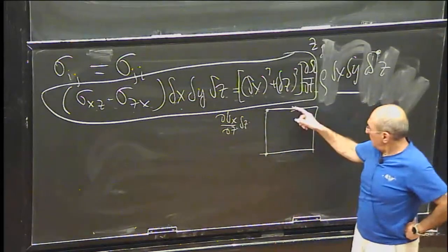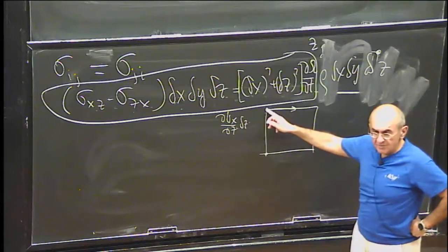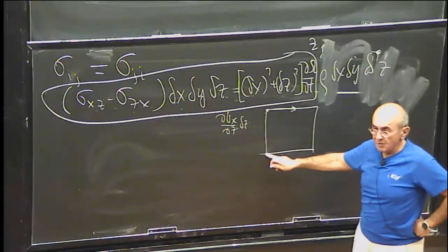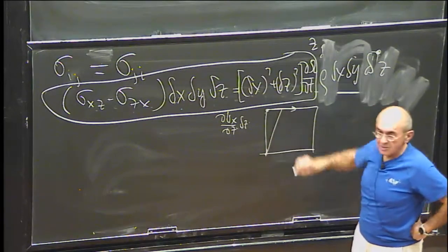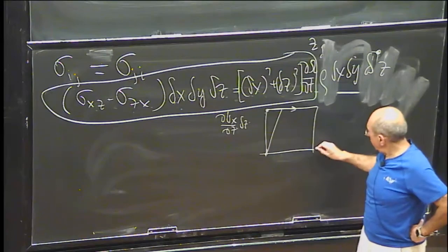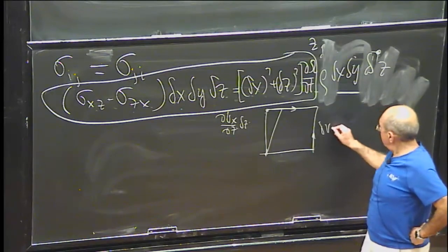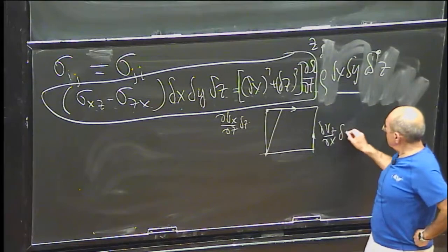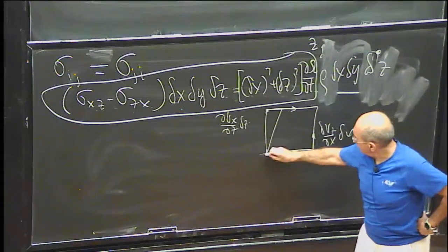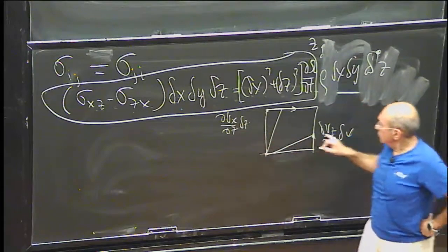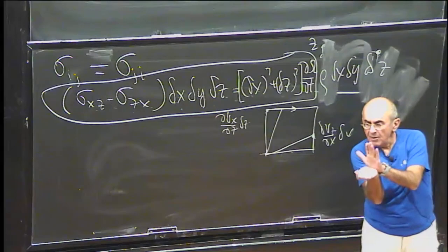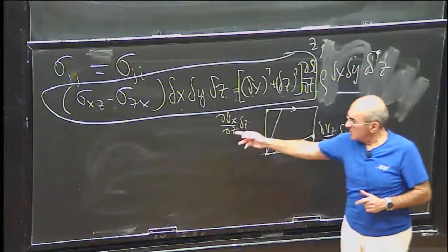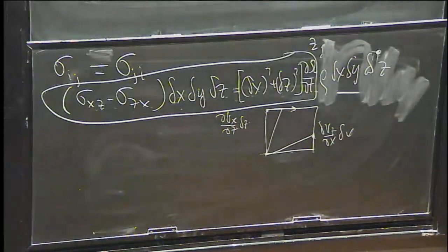And it would be a relative motion of this point to that point, which means that with time it will be turning this straight line into that straight line. The same here, dvz over dx delta x would turn this line into that line. So the sum of these 2 components is a rate of deformation of any rectangle into a parallelogram. This symmetric part is the rate of deformation of my element. This is what it does.